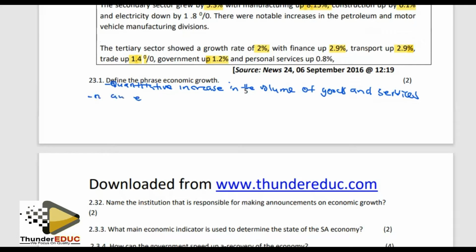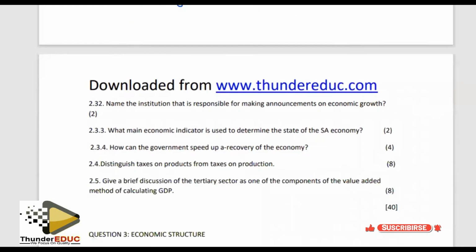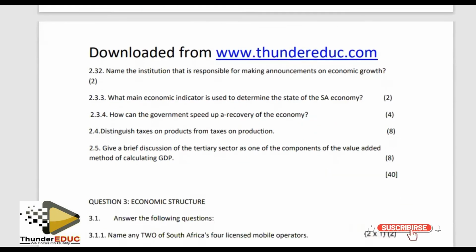When the economy's goods and services increase, we say that is economic growth. I will not talk about economic growth development as of now because we shall find it sooner than later.